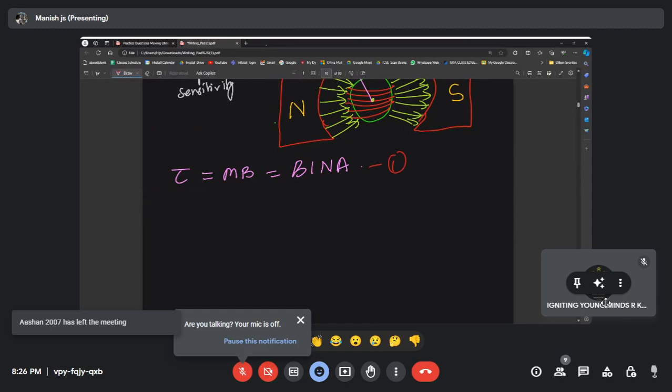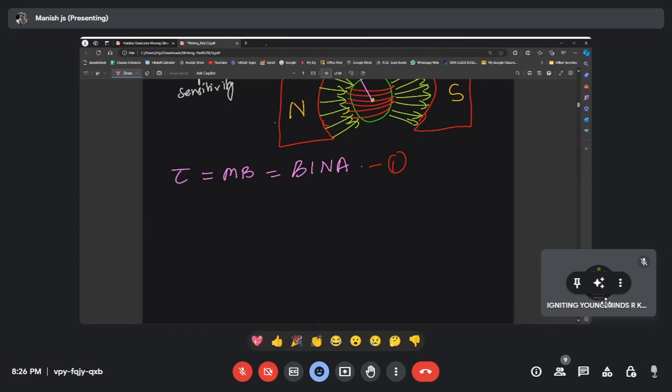Now I told you that there is a spring also present. Behind this, there is a spring that has been embedded. Now the spring is also going to experience the torque. When the coil rotates, the spring will try to restore, so there is a restoring torque that the spring is going to provide.